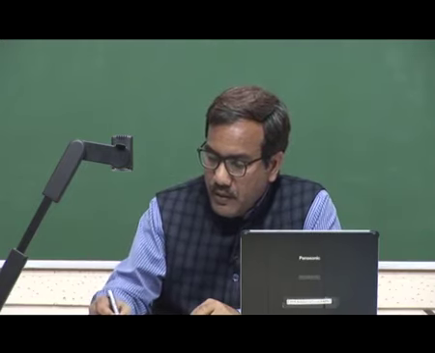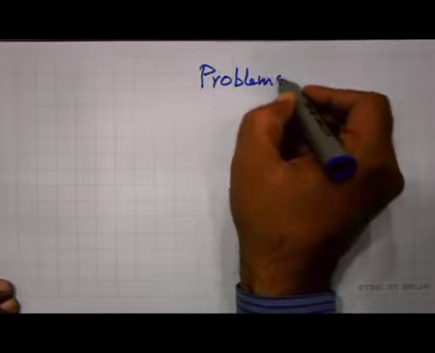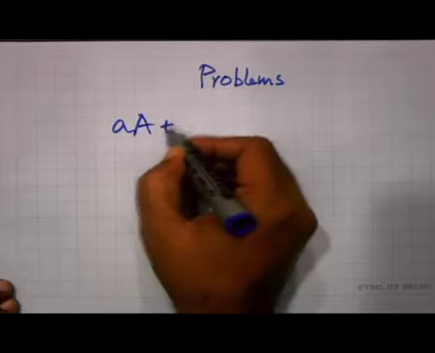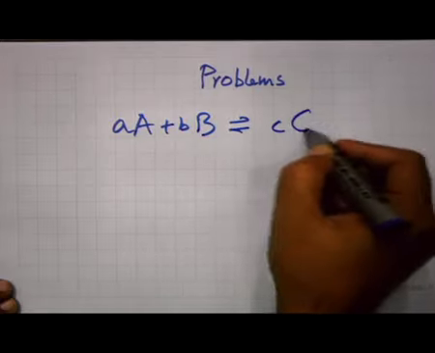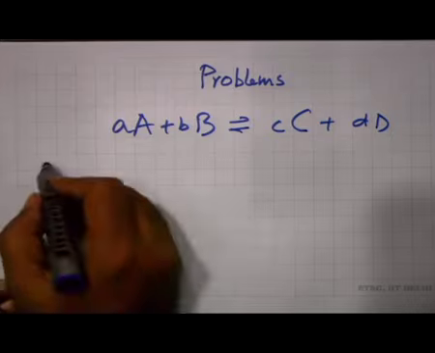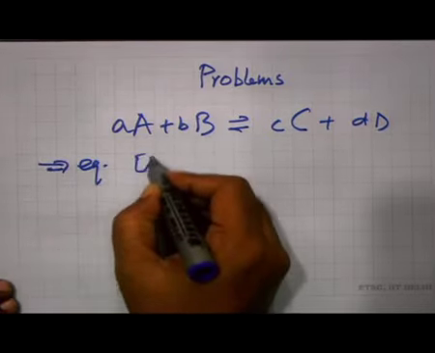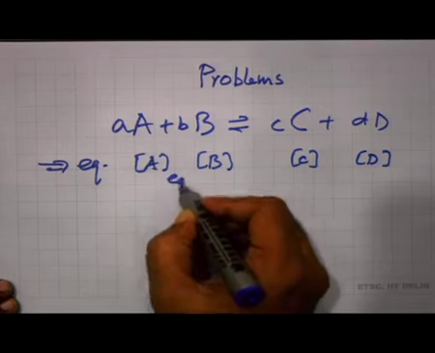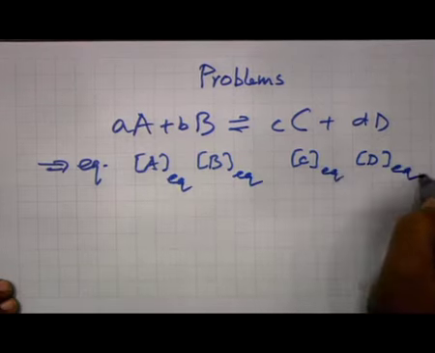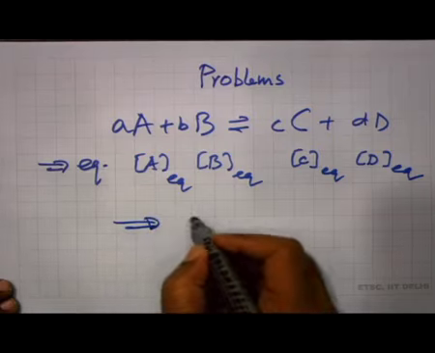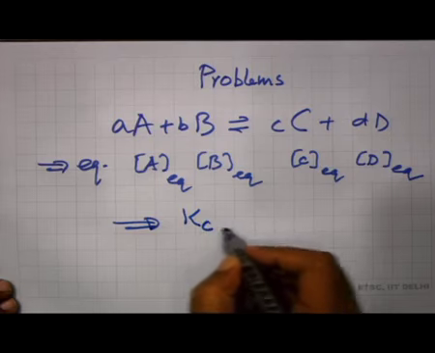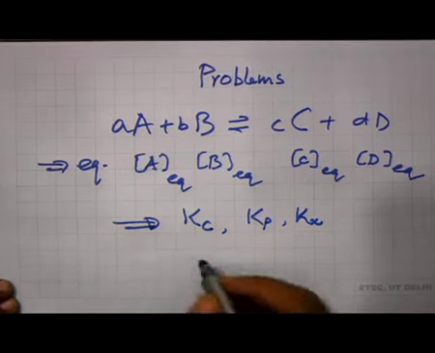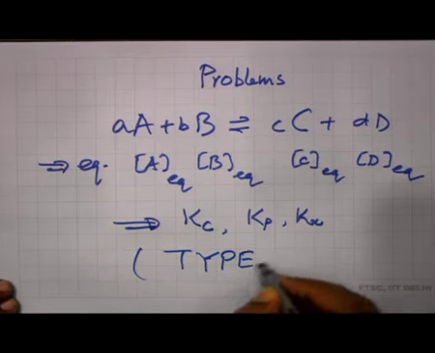The first is, suppose I take this reaction, and I know the equilibrium concentrations of A, B, C and D, then I will be asked to calculate Kc, Kp or Kx. This is type 1 problem.